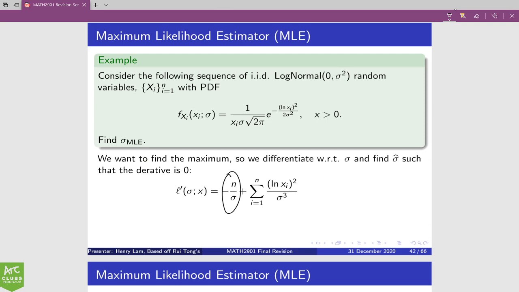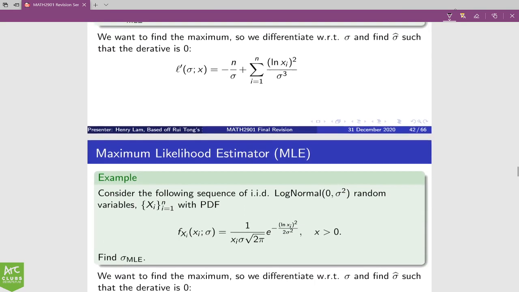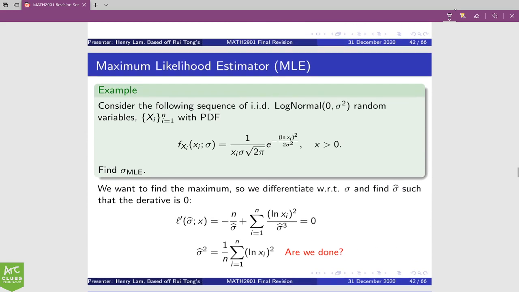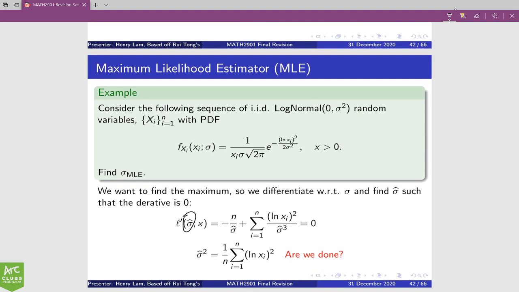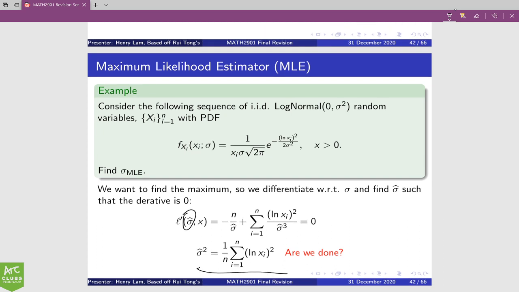So you found the derivative. Now you set this to 0 so you can find a stationary point. That's what I did: I subbed in sigma hat so that this is 0, and just rearranged, and eventually you find this. Very quick: just bring this over, times this up, times this down, and you end up with this thing.